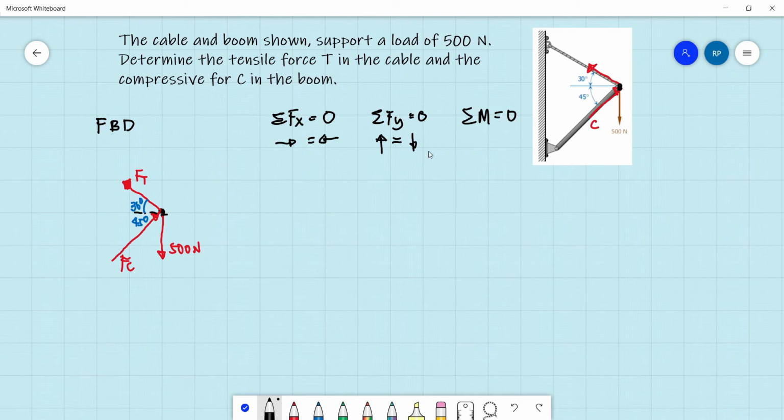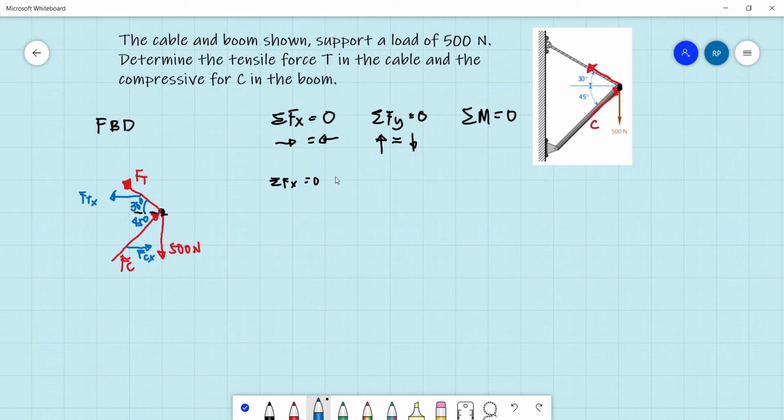Let's proceed. What are the forces? If we sum up our forces, summing up forces x should be equal to 0. What are the horizontal forces here? We have the horizontal component of Ft, Ftx, and we also have the horizontal component coming from Fcx.